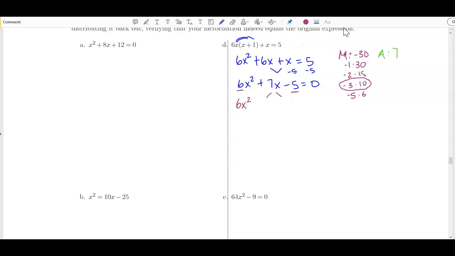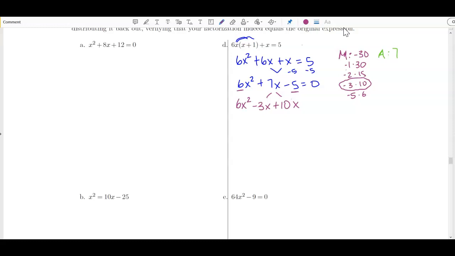Remember, the 7x we're going to change to be negative 3x plus 10x. And it doesn't matter which order you put these in. If you put 10x minus 3x, that doesn't matter. In the end, when you do this, it will all come out to be the same.